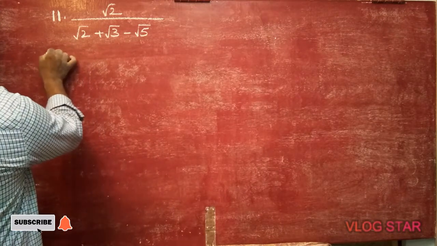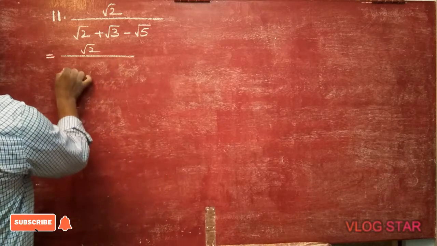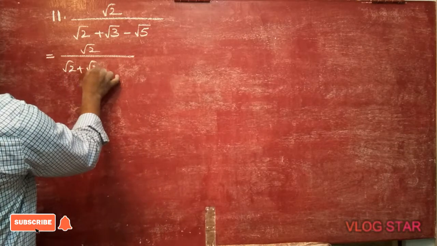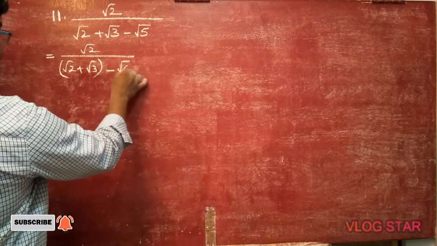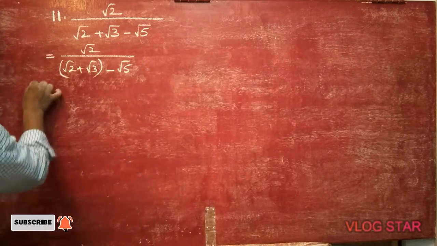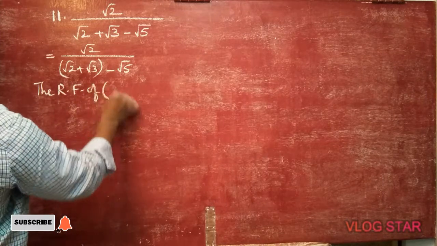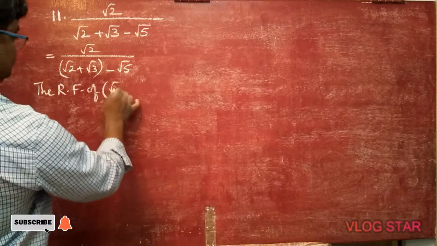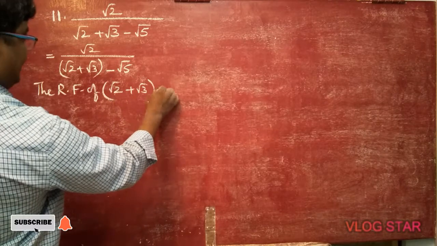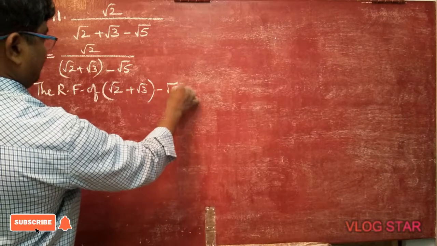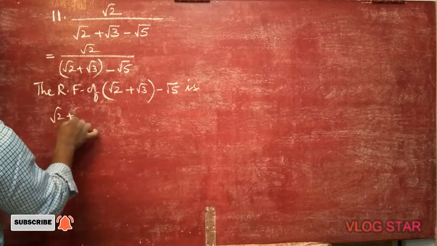Here I am making root 2 divided by root 2 plus root 3 as one set, minus root 5. Then the rationalizing factor of root 2 plus root 3 minus root 5 is root 2 plus root 3.